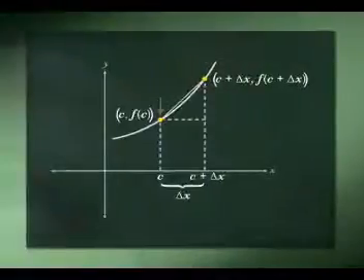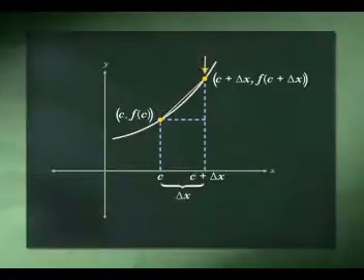Here's the picture. Our point was (c, f of c), and the neighboring point is (c plus delta x, f of c plus delta x). Notice on the x-axis you have the point c, and then the neighboring point is c plus delta x. As delta x goes to 0, that point motors down towards c.